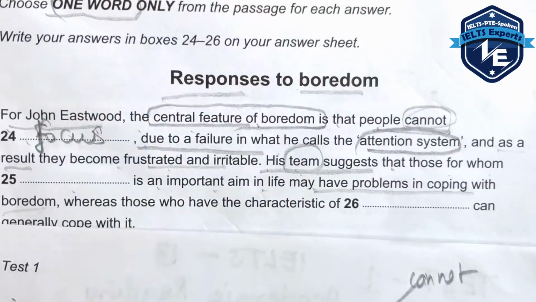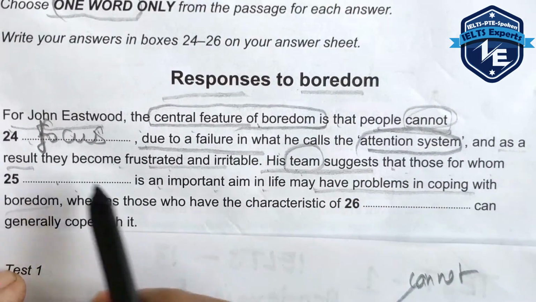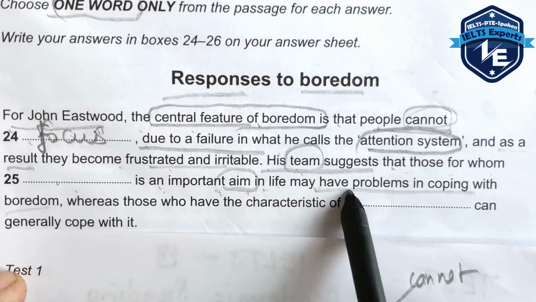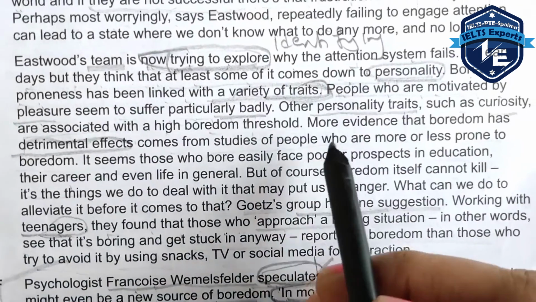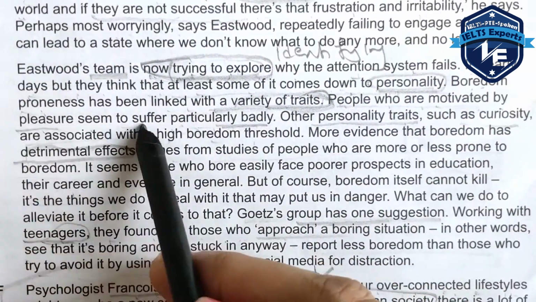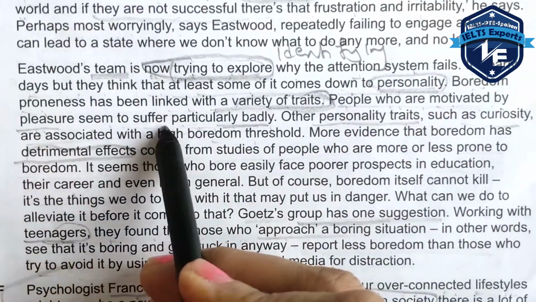Yes, what is given in the question, let's read it again: those for whom something is an important aim in life may have problems in coping with boredom. Important aim in life, what is this? Okay, pleasure, seem to suffer badly. People who are motivated by pleasure seem to suffer badly.